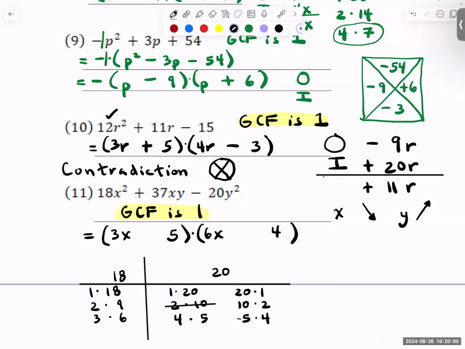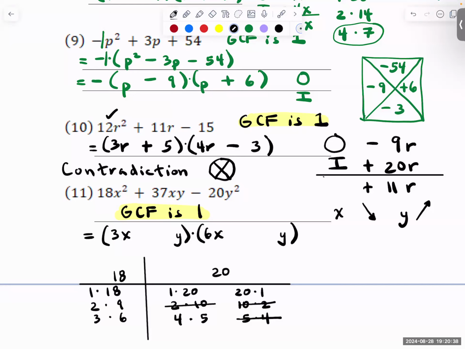So let's strike out 5 times 4 and erase 5 times 4. Y, we need a y in there as well to make y squared, 20y squared. Let's strike 10 times 2, because we can't pair 6 with 2. There'd be a common factor of 2. And let's erase that. Before going any further, let's put the y in there before we forget. Y times y will make y squared.